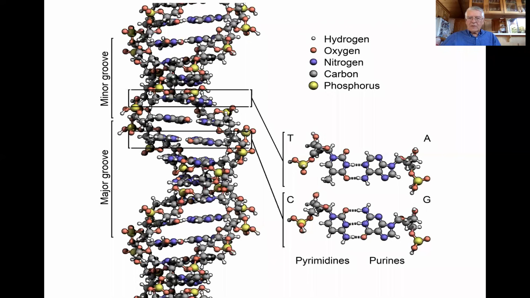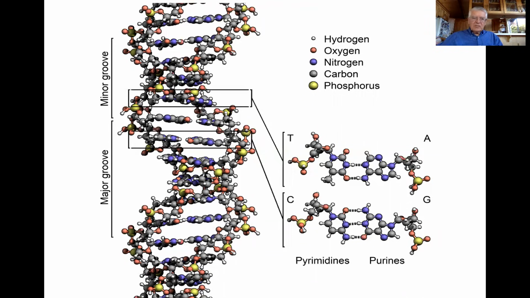Okay, so let's go back to really the core of it. So this is one way to represent a DNA molecule in which you can see every atom in the DNA molecule.